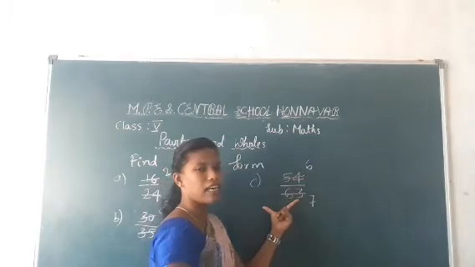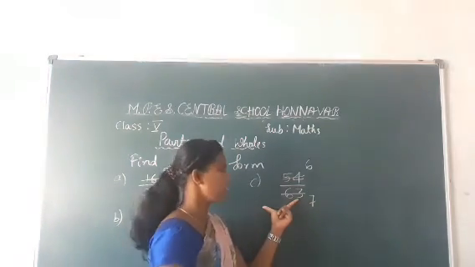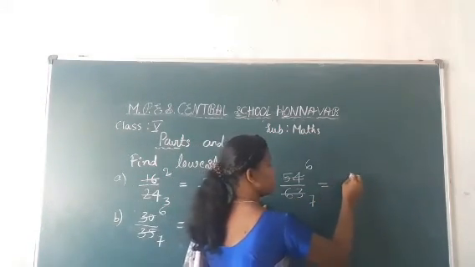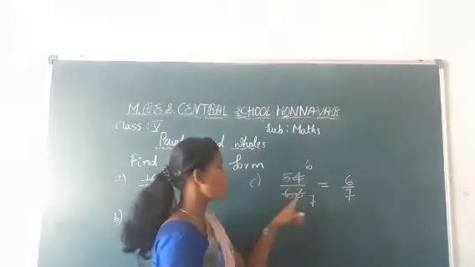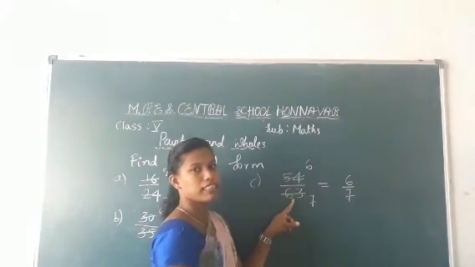These two numbers are divisible by the same value, that is 9. So 6 by 7 is the lowest form of 54 by 63.